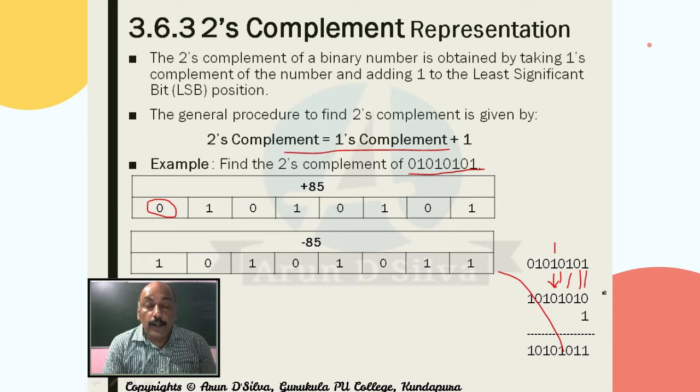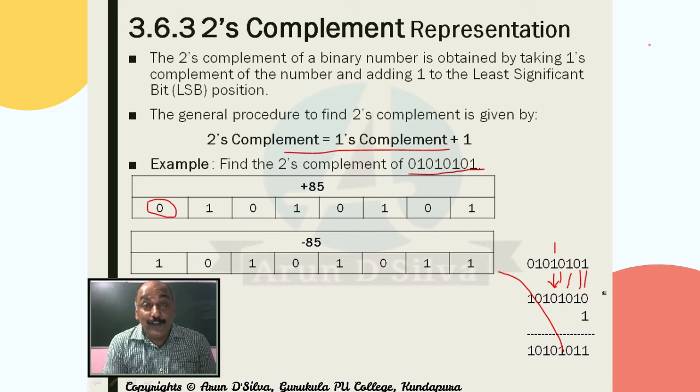Okay. So we learned here 3 methods of representing negative numbers in the computer. Now you don't have any confusion. Until 10th standard you learned to represent positive and negative numbers by using signs. Now you are grown up, learning how a computer works.